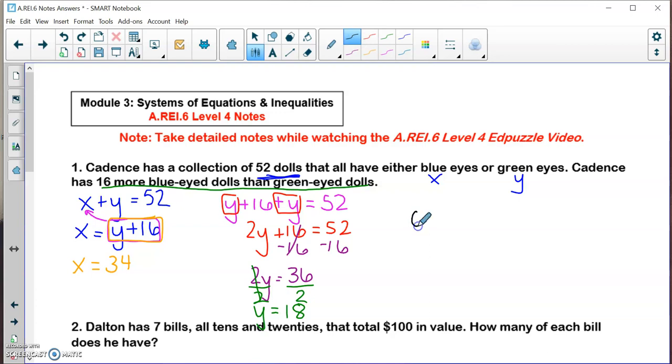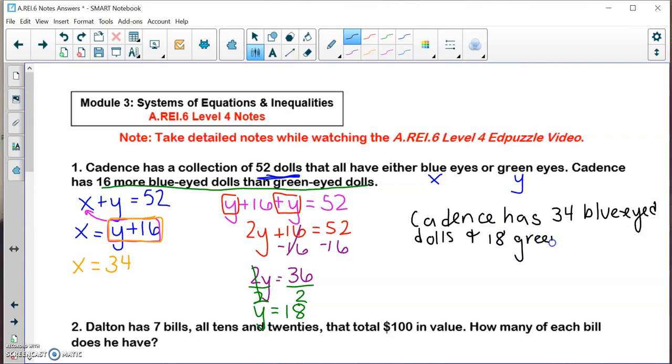We are going to say that Cadence has 34 blue-eyed dolls, x was blue-eyed dolls, and 18 green-eyed dolls. And that's it.